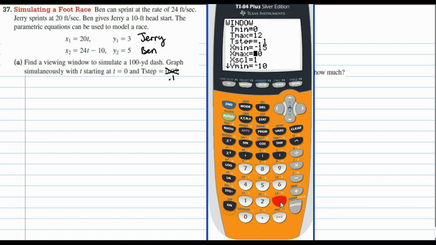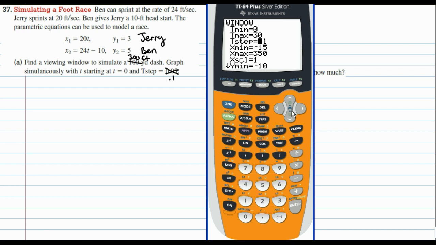I'm going to go definitely farther than that. So let's do my x max 350. And then as far as my t min is 0, my t max, again, how long is it going to take them to run 300 feet? Well, let's see. It would take Jerry 5 seconds to run 100, so 15 seconds. I'm going to try 20 seconds. Let's go crazy. Let's go 30 seconds.